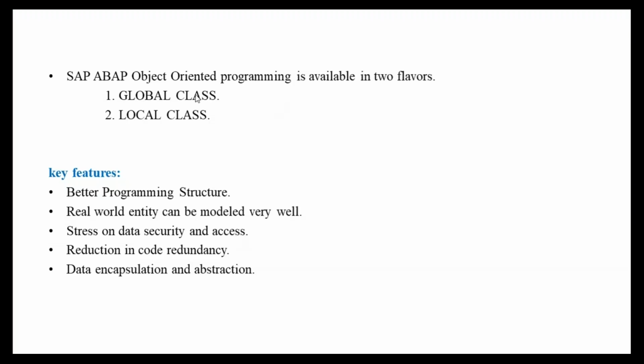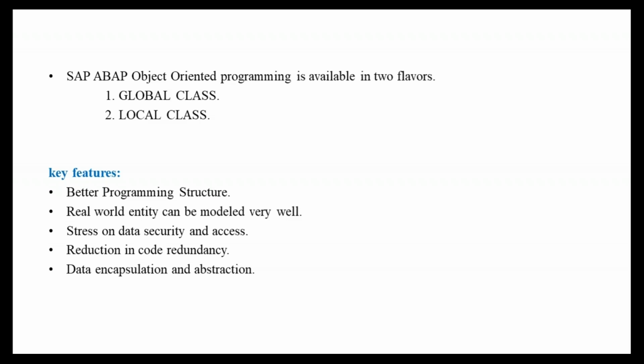First and foremost, the simple thing you need to understand right now is that we will have a class and we'll make use of that class. We'll write some code in the class so that we can use it in our program. That's the main concept here. Just like we wrote some logic in a function module and then made use of it in our program, the same thing here.